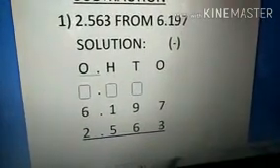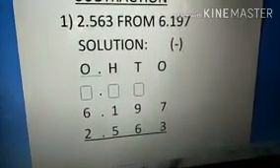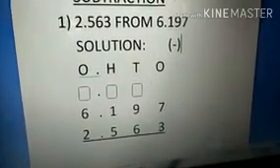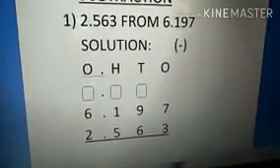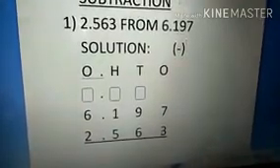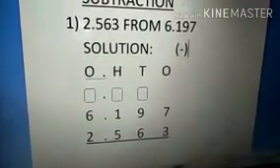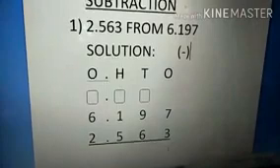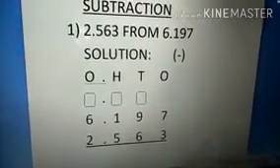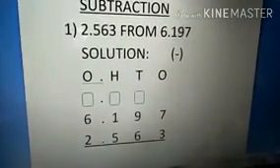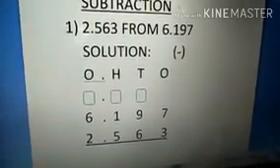After 3, up to 7, you need to take fingers. So after 3: 4, 5, 6, 7. How many fingers do you take, children? Yes, 4 fingers. So here under the ones place you need to write 4.